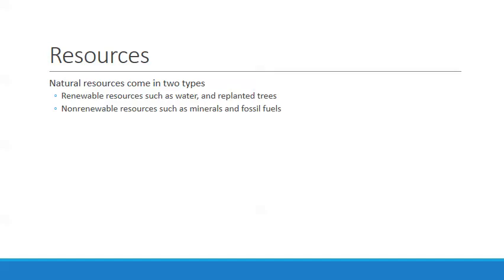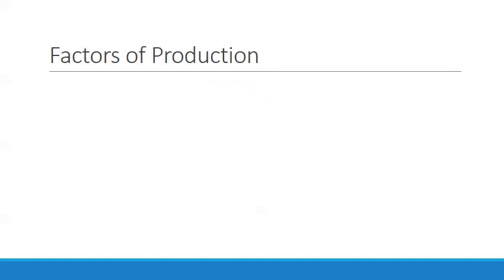And of course, what that means is at some point down the road, we will lose all of those resources. We will eventually run out of coal. We will eventually run out of oil. We will eventually run out of natural gas. Therefore, scientists are looking for ways to generate electricity through renewable resources such as hydroelectricity or using wind power or solar power.